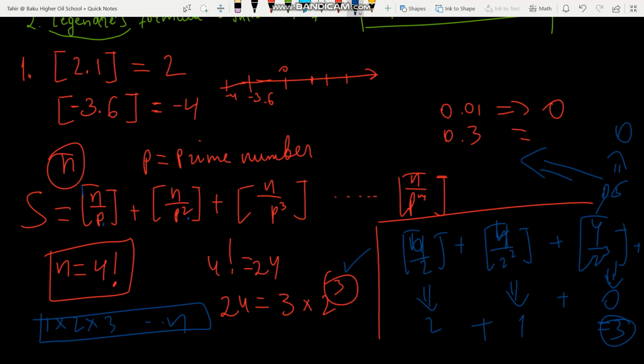When we sum them, we get the maximum power of that prime number in our factorial number. For a more detailed proof, you can just search for it.